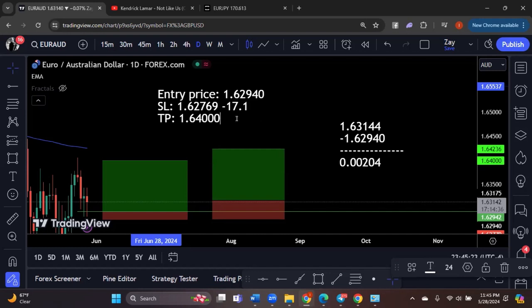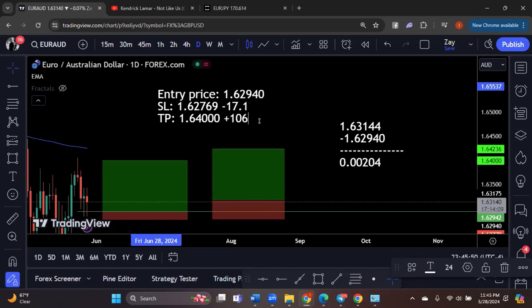Okay. Now, if we hit TP, according to where we entered at, you're going to gain. All we're going to do now, take profit 1.64000, subtract 1.62940. And that's 106.